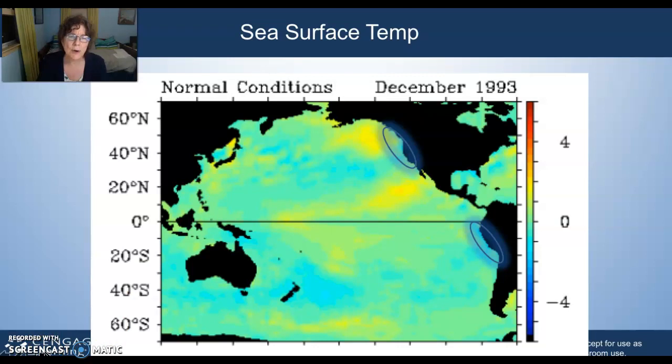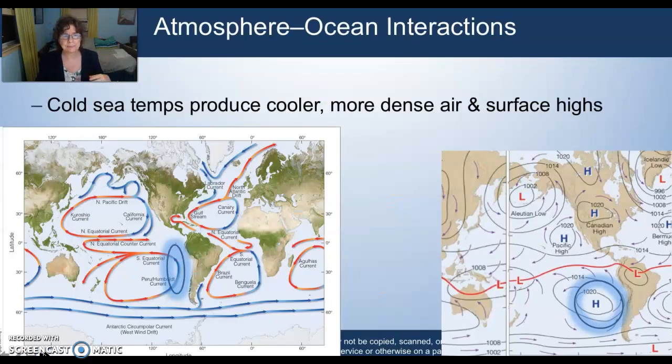And it's still rather warm along the equator, which makes sense because the equator is so warm. Let's look into the physics of it a little bit more. Those cold sea temperatures that I told you about for the California current and the Peru-Humboldt current actually produce really dense air right at the surface over the ocean and contribute to surface highs in this area.